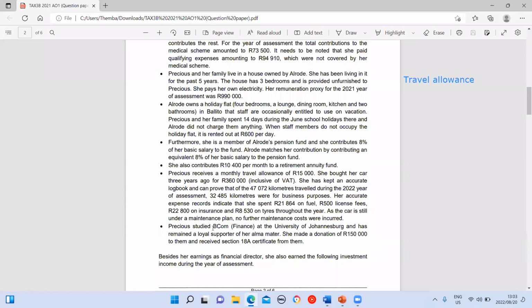We just calculated the travel allowance received. I'm not going to do the calculation again.